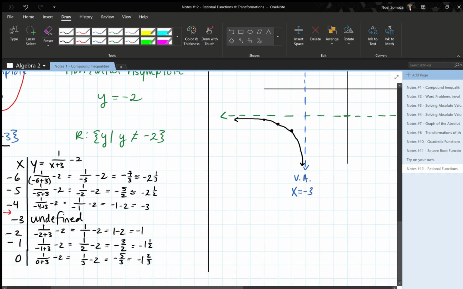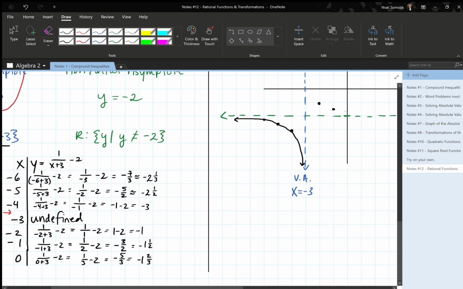Actually, let's go black. Negative 2, go down 1. At negative 1, negative 1 and 1/2, so down 1 and then half of that. And then at 0, negative 1 and 2/3.